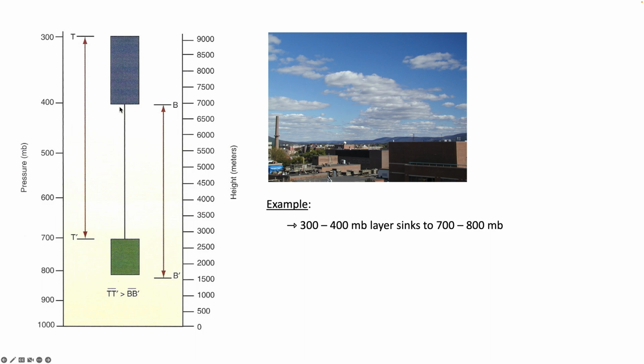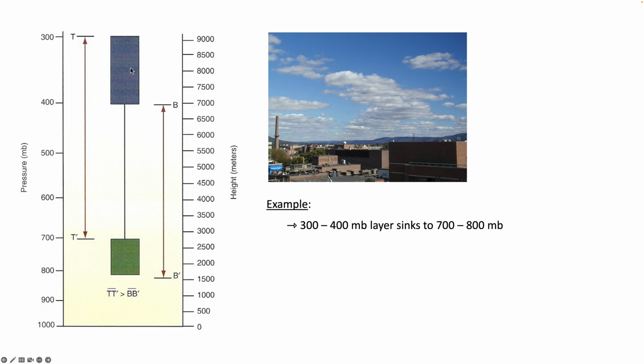Now what you're going to notice is that because pressure decreases exponentially with height, there's a really big vertical distance from 400 to 300 millibars. So you'll see that the 400 millibar level is at about 7,000 meters, and the 300 millibar level is more than 9,000 meters. So this is like a 2,200 meter difference, or thick layer, from 400 to 300 millibars.